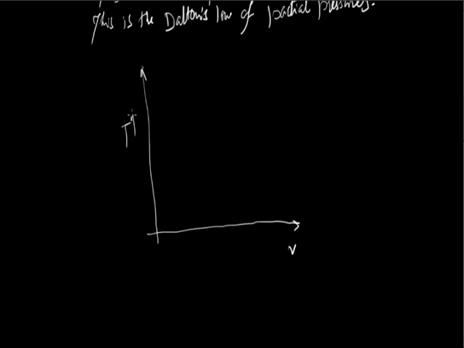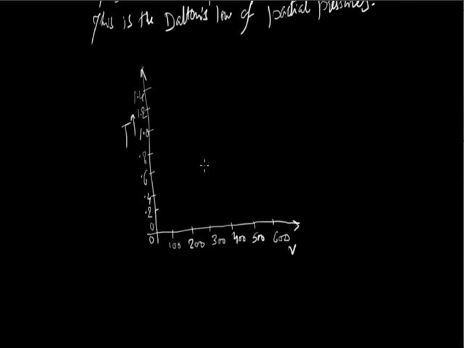Now calibrating the axes, let us suppose this is at 100, this is 300, 400. Here we have 0 absolute, and here 0.4, 1.0.